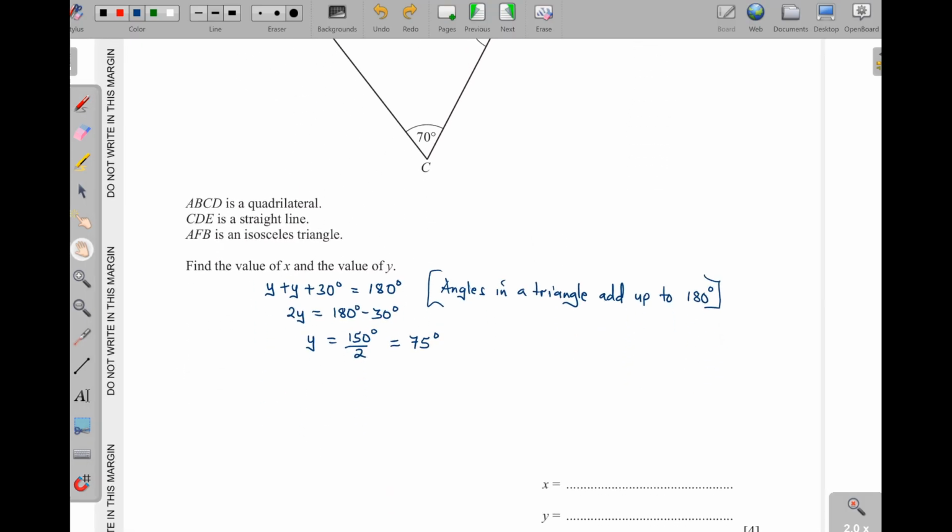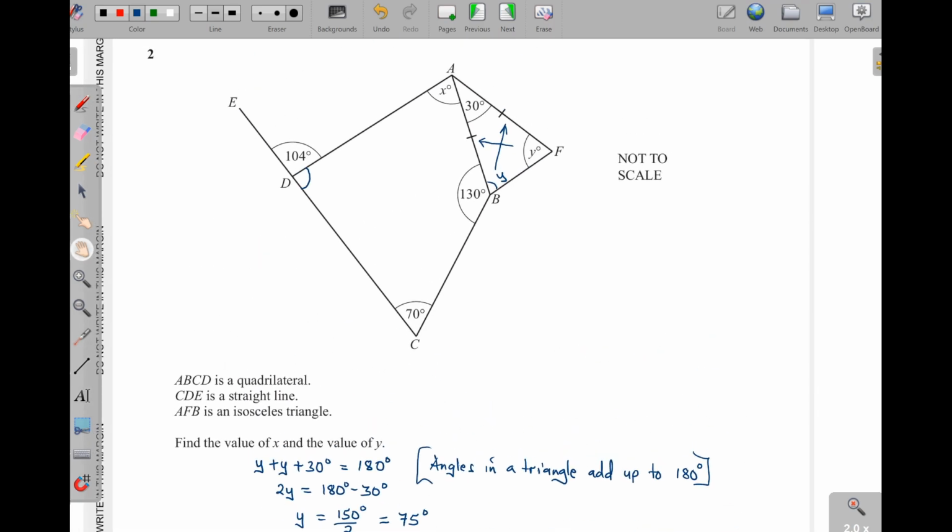The first thing to do is get 180 minus 104, which gives us 76. The geometrical reason here is angles on a straight line add up to 180 degrees. So this is 76 here.